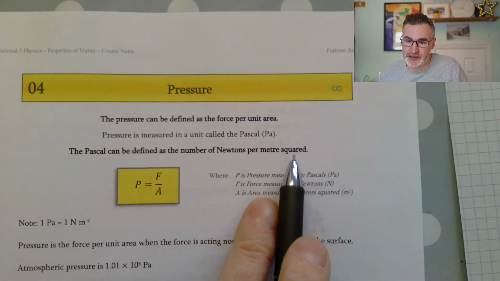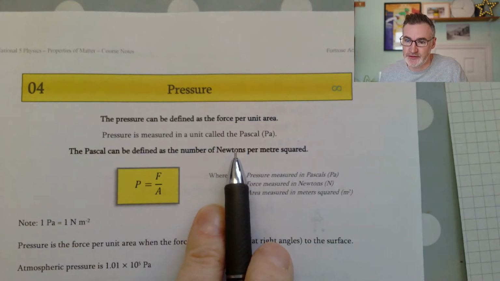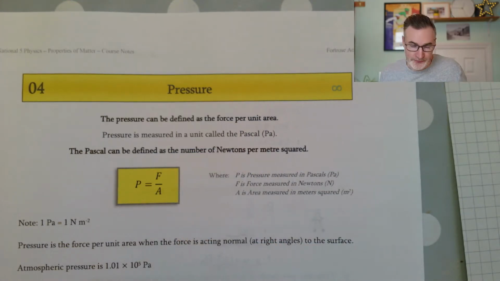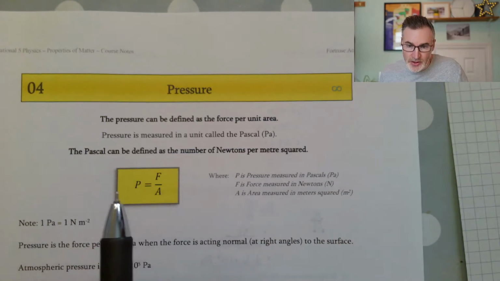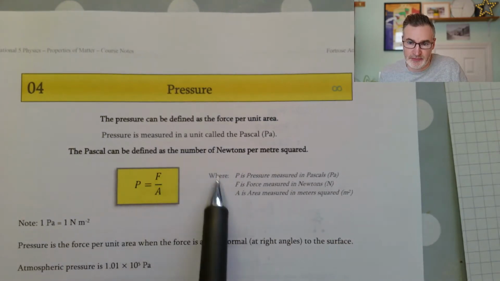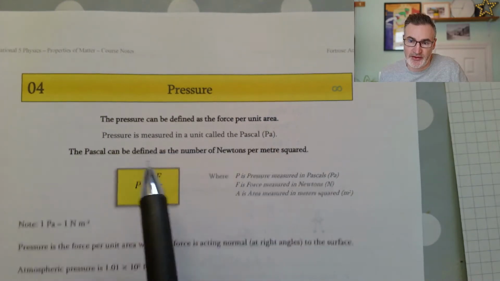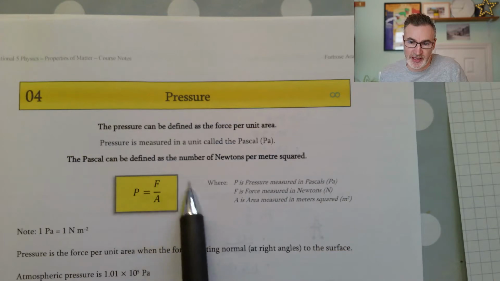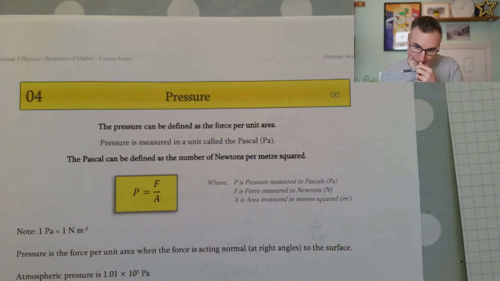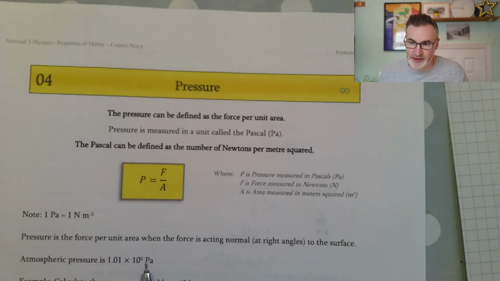Meter squared is the unit for area, and newtons the unit for force. The formula is just a mathematical version of this: force divided by the area. That is in a nutshell what we have for pressure.